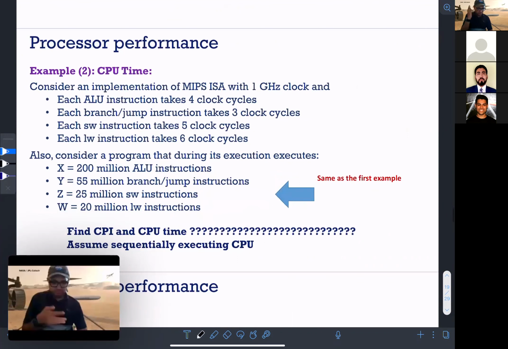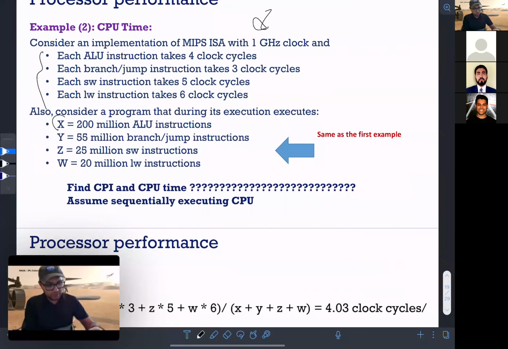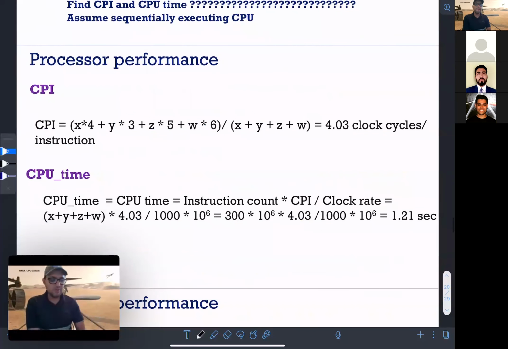Anyway, another problem. Same thing. Have you noticed? Same story, but I changed the clock rate to 1 gigahertz. Here the program also has X value, Y value, Z value, W value. If I add all of them, I know all of the instructions in the program, right? I need to calculate the CPI and the CPU time. Same thing I did before, I can do here.